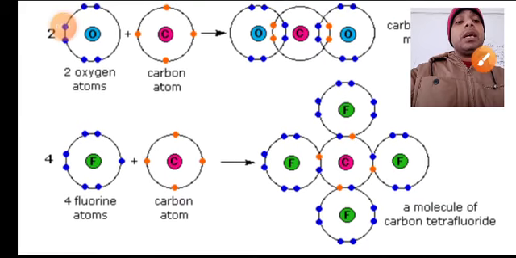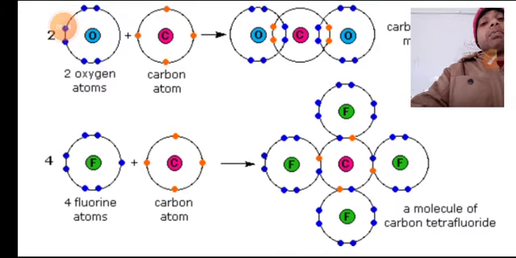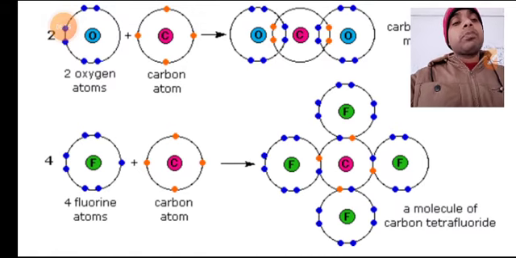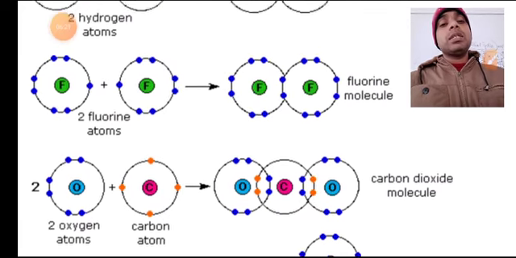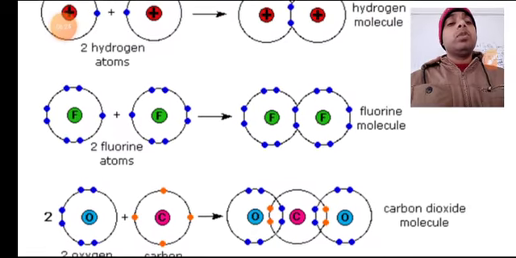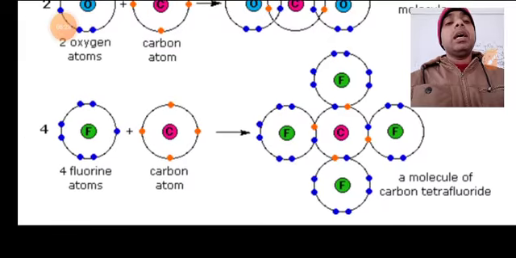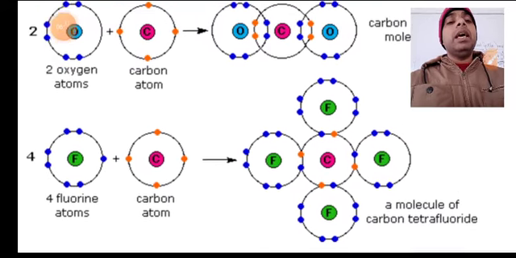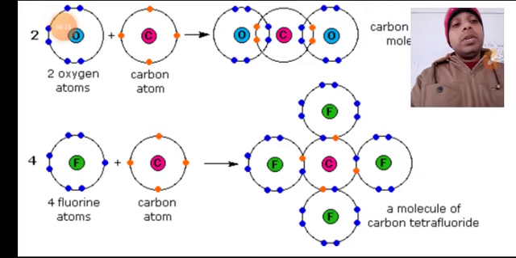Now you can see here are 4 fluorine atoms, that means they are making CF4. As you know, dear students, previously we discussed the fluorine molecule. I had shown you that the fluorine atomic number is 9, and it has the electronic configuration 2,7.